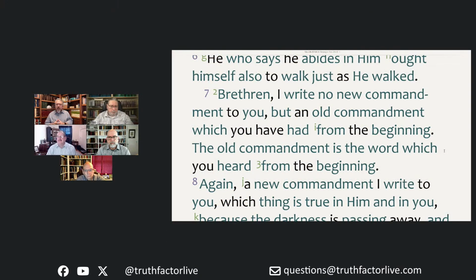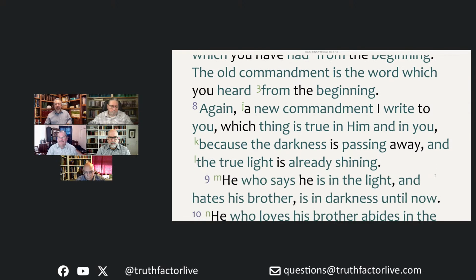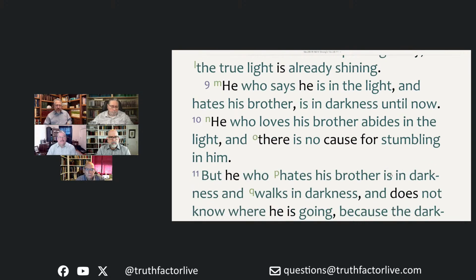Verse 7, really, he says, brethren, I write no new commandment to you, but an old commandment which you've had from the beginning. The old commandment is the word which you heard from the beginning. And I believe that's the beginning of the teachings of Jesus. Going back to what y'all were talking about in regards to this being a new commandment, he says, again, a new commandment I write to you, which thing is true. And then he touches on it.